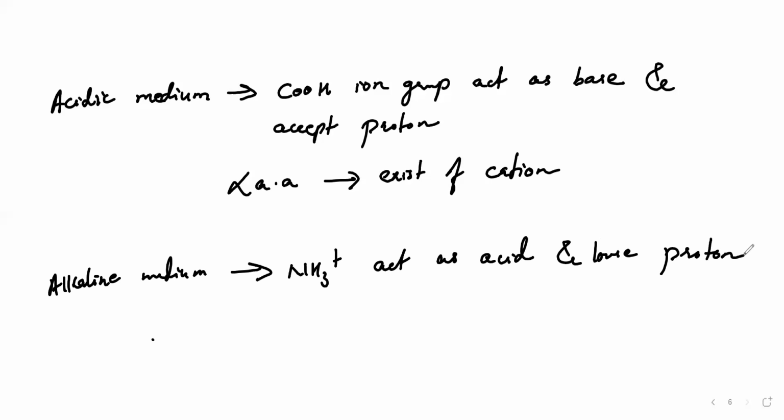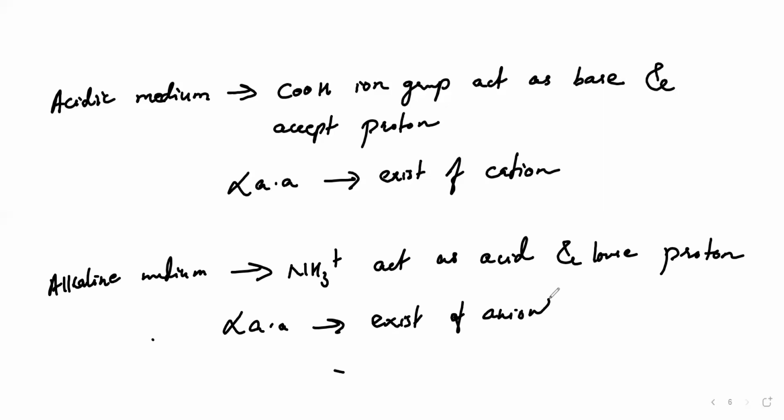So because it is losing proton, the alpha amino acid will exist in the form of an anion. Okay, so this is what happens when you apply some electric field and there is a migration towards the anode or the cathode respectively.